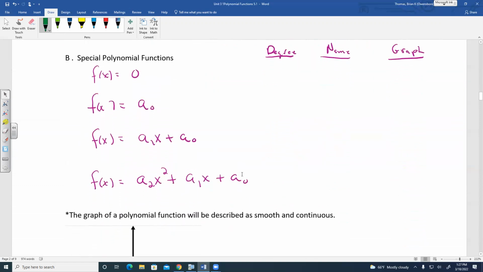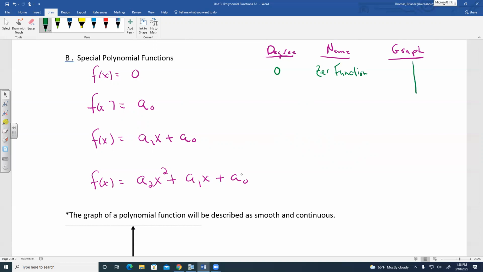So if I look at these polynomial functions here, this first one is called the 0 function, and its degree would be 0. And the graph, if I look at it, it's actually going to be the x-axis.